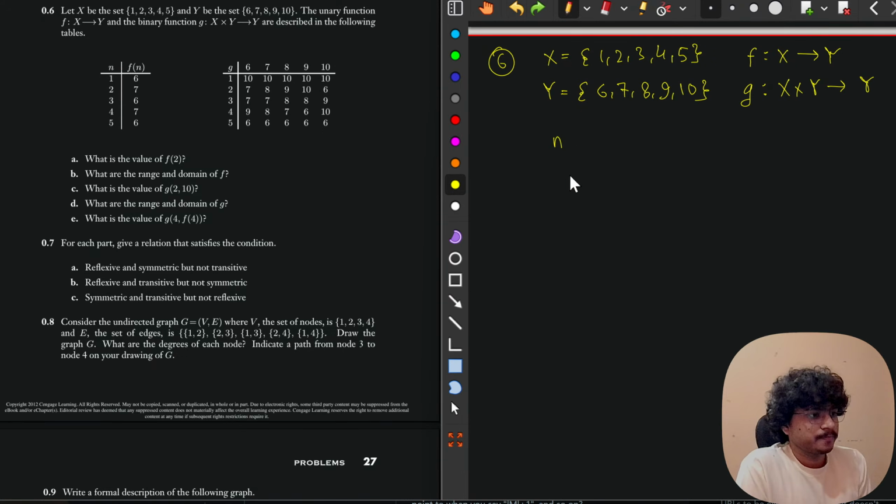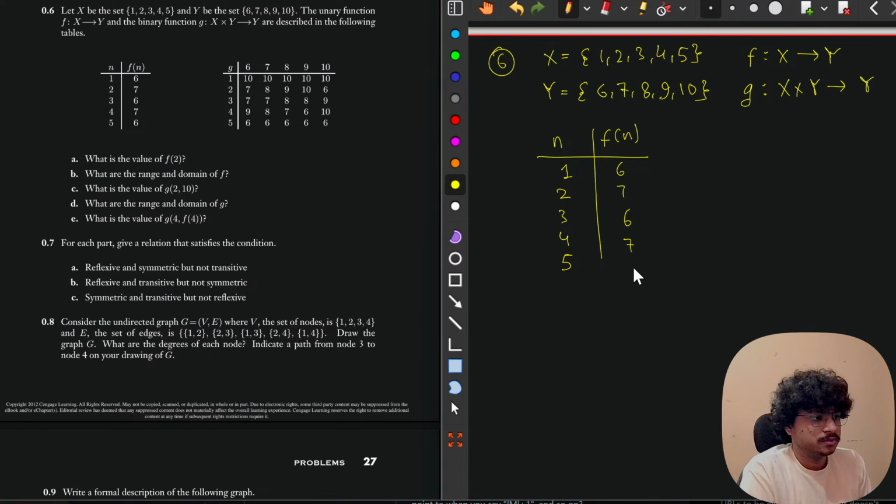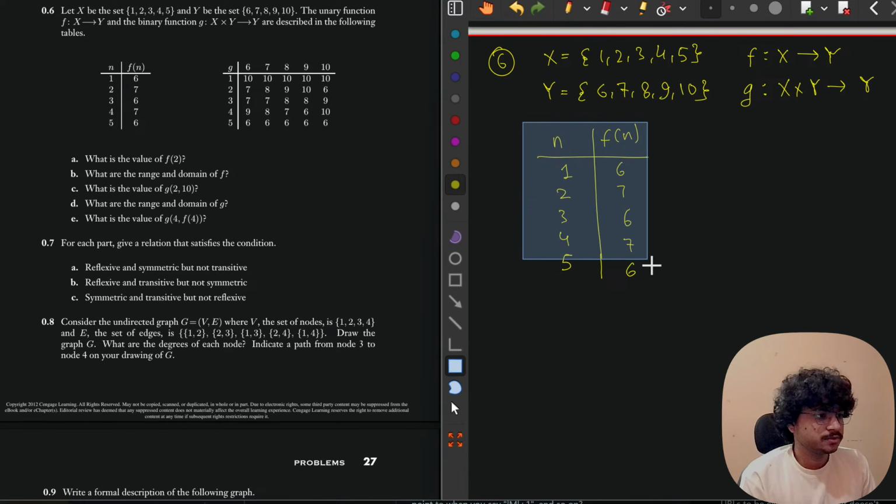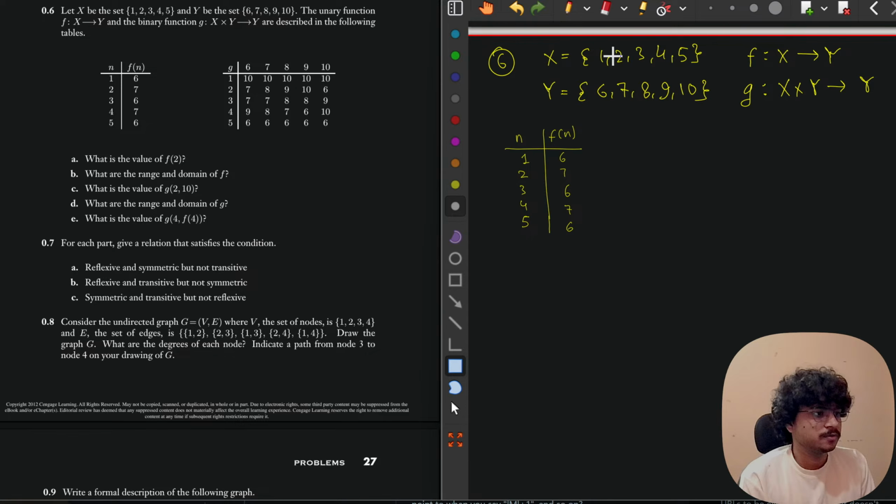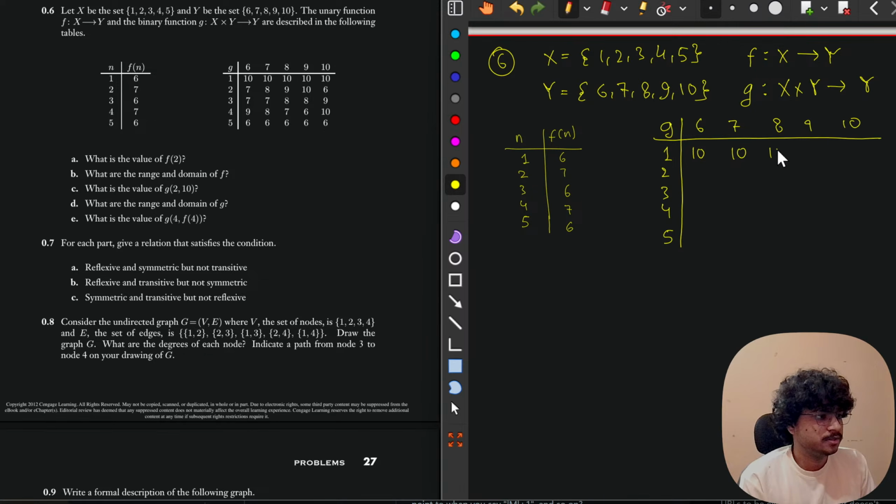G is even interesting. 10, 10, 10, 10, 10.